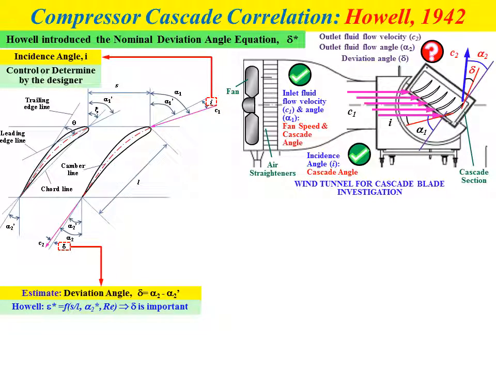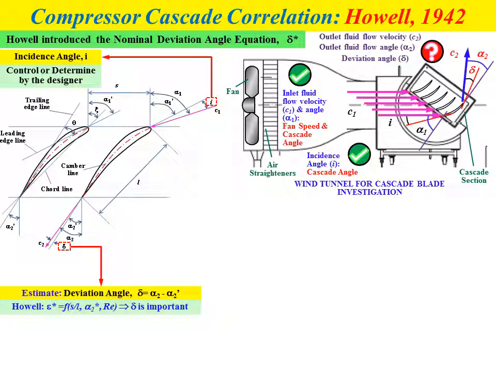As we know, Howell already mentioned that the nominal deflection angle is a function of the S over L ratio, the alpha 2 star value, which refers to the nominal outlet flow angle, and also the Reynolds number. That is why the value of the deviation angle is important, because of the value of alpha 2 star, as mentioned by Howell.